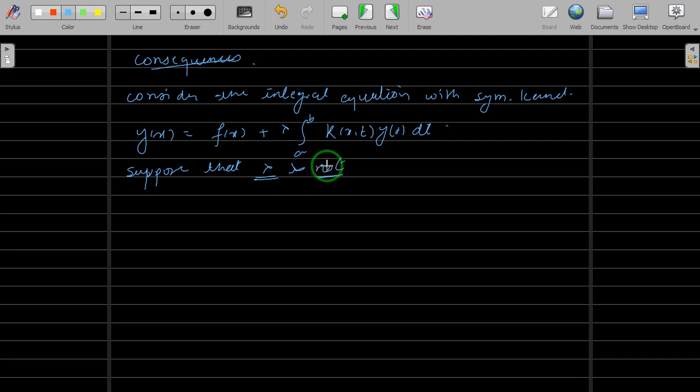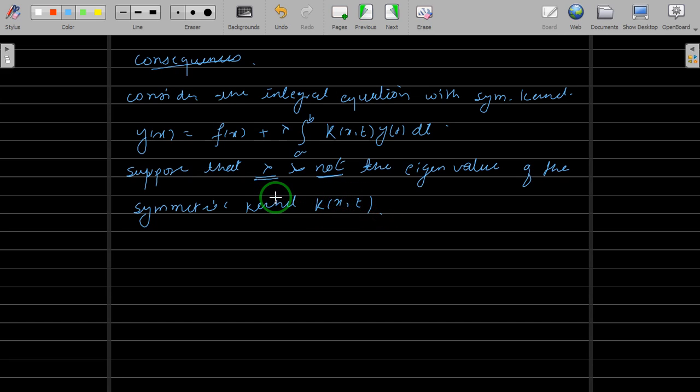Suppose that lambda is not an eigenvalue of the symmetric kernel k(x,t).